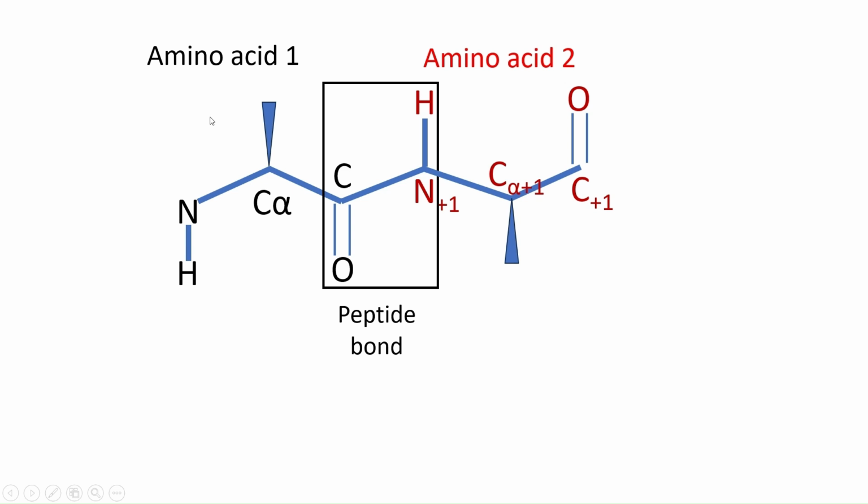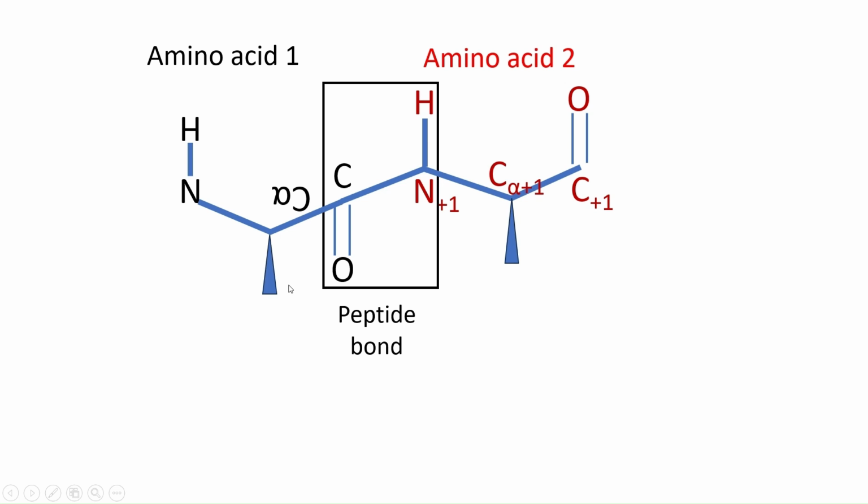First, with the rotation around the bond between C alpha and carboxylic carbon of the first amino acid, something like this. Now, this is a turn of 180 degrees, and this turn is happening around the bond that is between C alpha and carboxylic acid carbon.